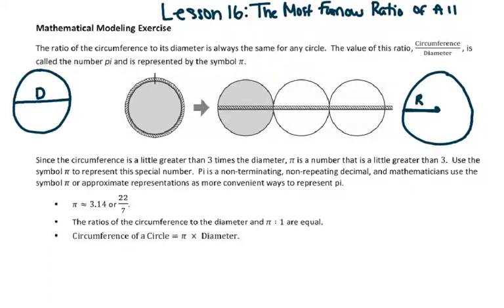So the radius is half of the diameter, or we could say that the diameter is twice as long as the radius. And so we find the diameter when we only have the radius by multiplying the radius by 2. So we represent it as d equals 2r. And that's how we find the diameter of a circle.